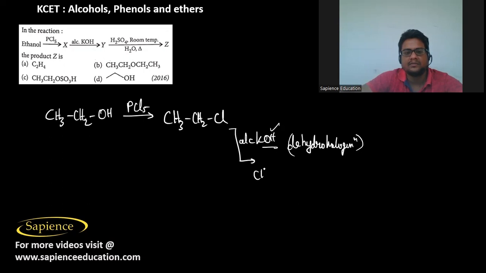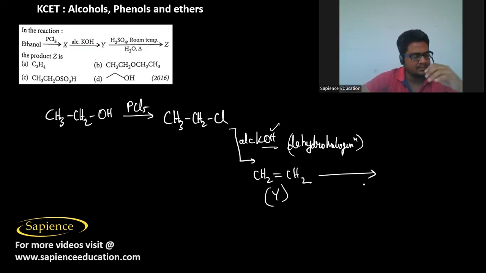So here it will form CH2=CH2, which is the alkene, the compound Y. And then with H2SO4 at room temperature, it will react with H2O and heat to give Z.